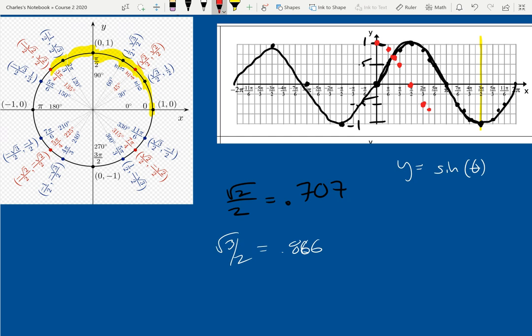And then at 5 pi over 6, I'm going to have negative 0.866. And then at pi, my x value is going to be negative 1.